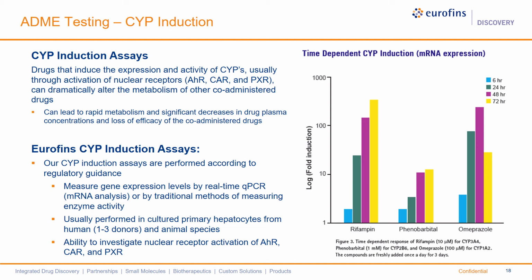So CYP induction assays are something that Eurofins offers, and that allows one to evaluate the effect of a drug on modulating CYP levels. And this is done using qPCR methodologies to look at the transcription of genes relevant to those different cytochrome P450 enzymes.